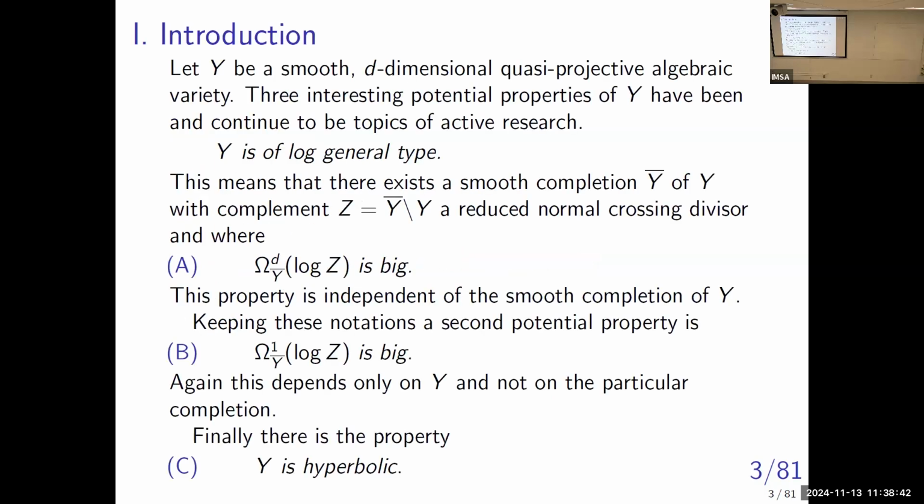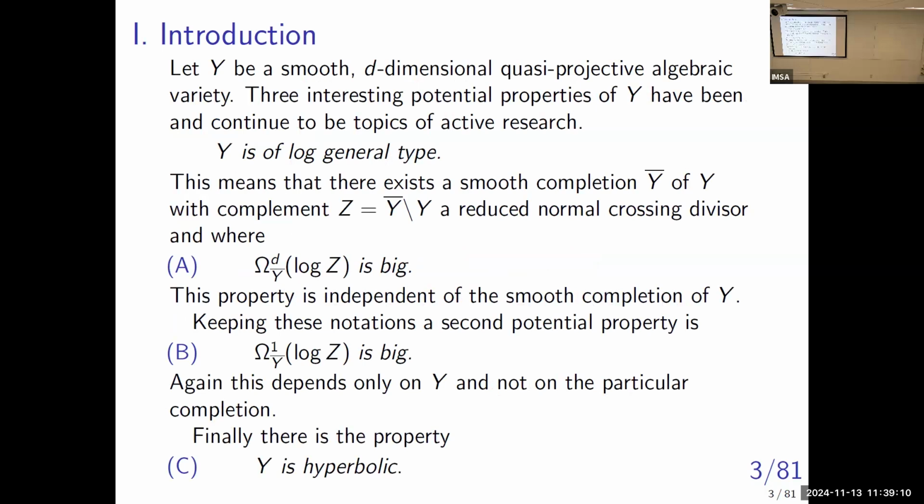So to give the algebraic geometric background, if you start with a smooth algebraic variety, quasi-projective, it need not be complete. Then there are topics really of general continuing active research, interesting properties that the variety might have.